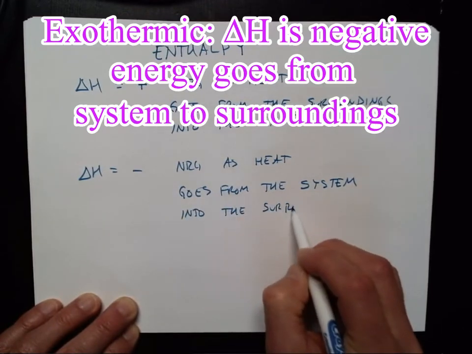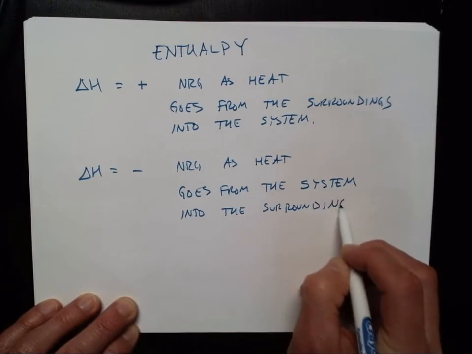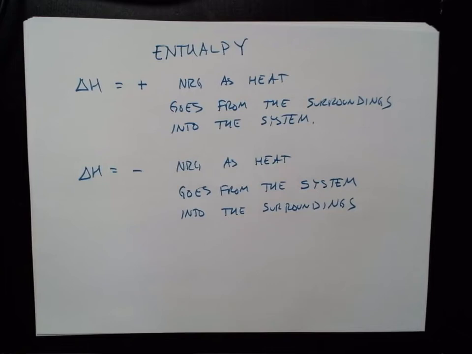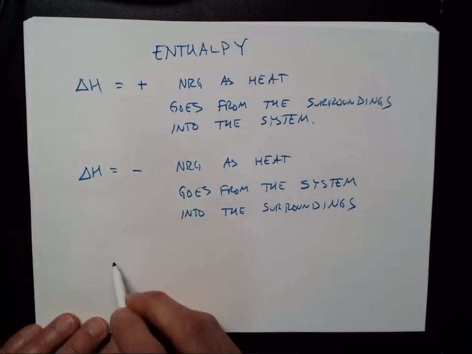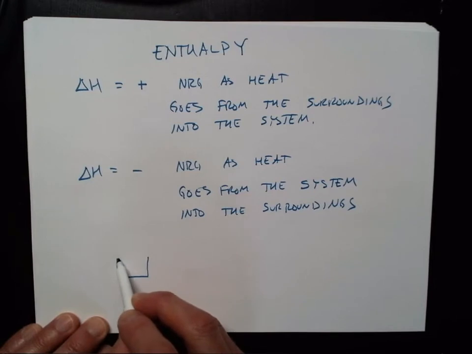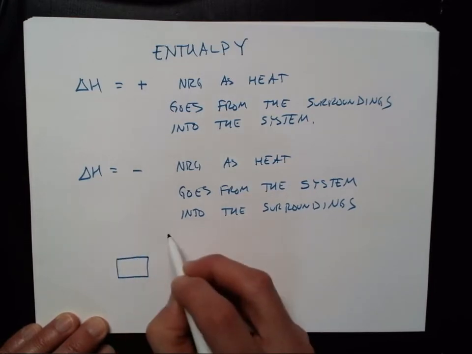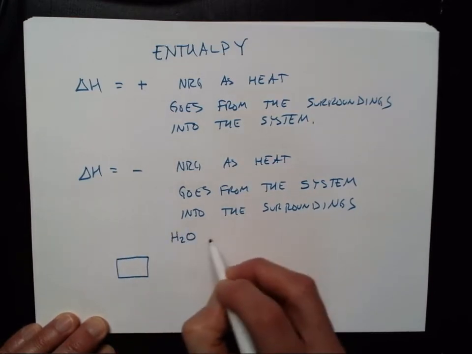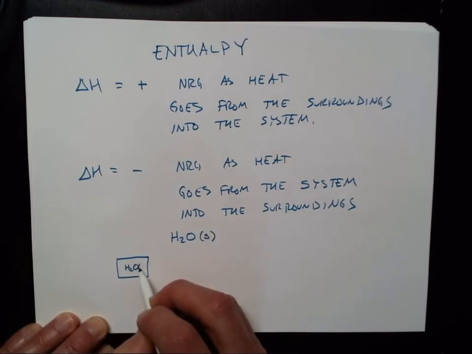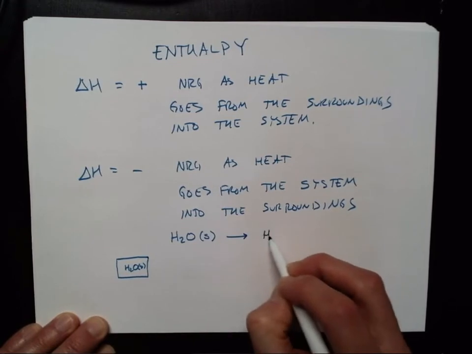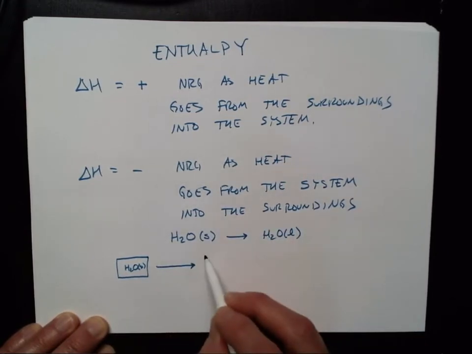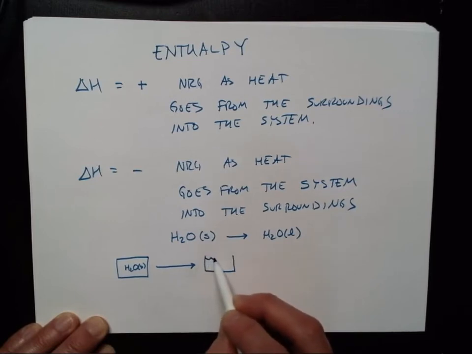And let's think about this just for a little bit. Which one of these two cases represents a spreading out of energy? So I'm going to imagine my ice here. Let's make a block of ice, because we want an endothermic process in this case. This is solid water, and that's going to go to liquid water. We'll make a little cup for it. It's going to go to liquid water.